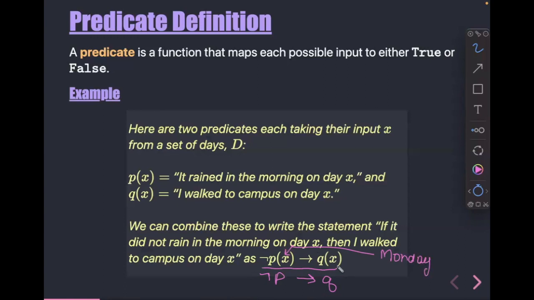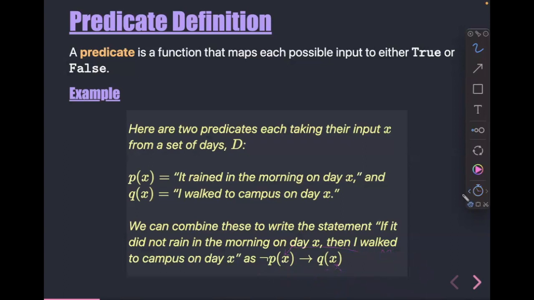So both of these could be Monday. If I was a really chaotic person, I could make this Wednesday. Like if it doesn't rain on Monday, then I'm going to walk to campus on Wednesday because I have a really weird set of rules in my mind. But it just lets us have more control over the inputs, essentially.